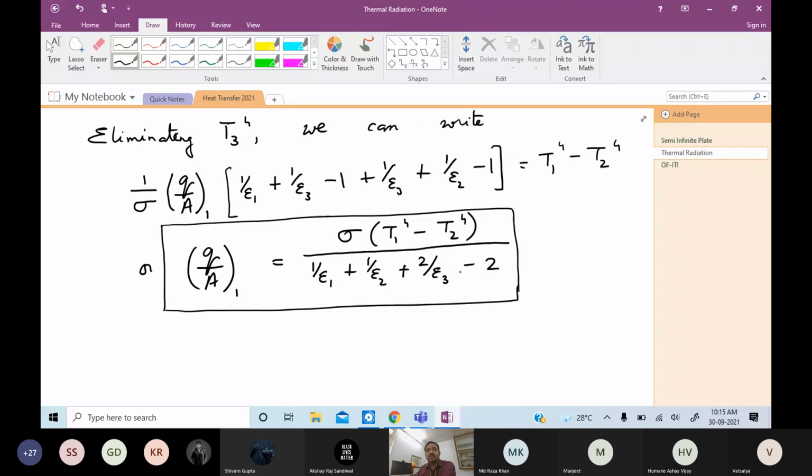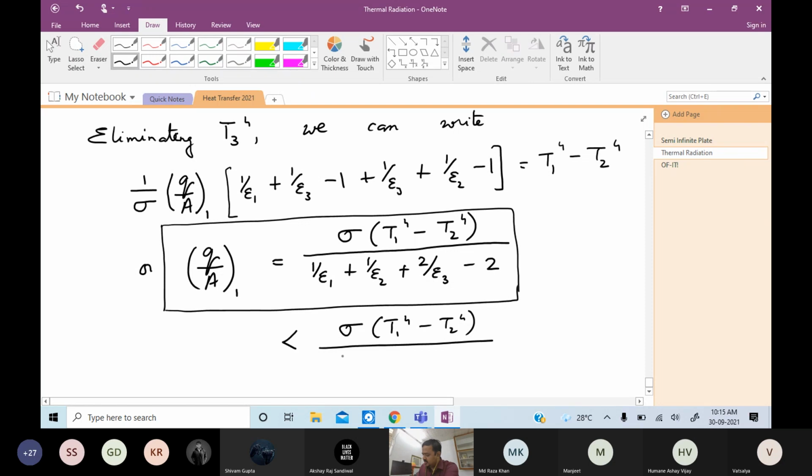So therefore, the denominator has become larger, which means that this heat loss has become smaller. This is definitely less than sigma times T1 to the power 4 minus T2 to the power 4 divided by 1 over epsilon 1 plus 1 over epsilon 2 minus 1.